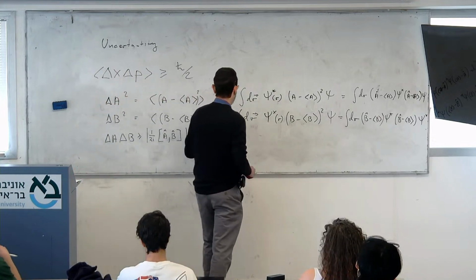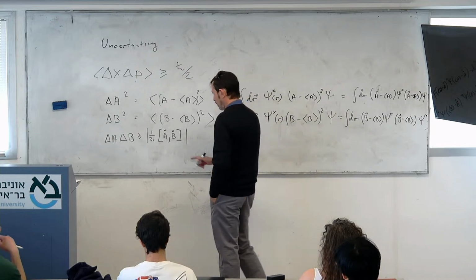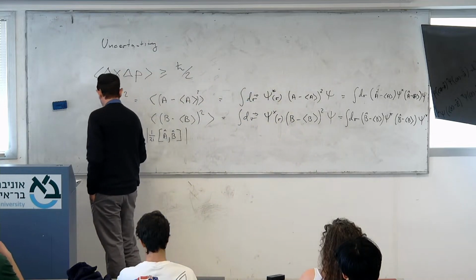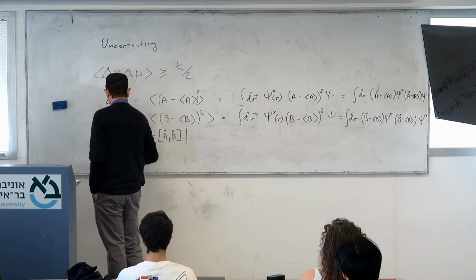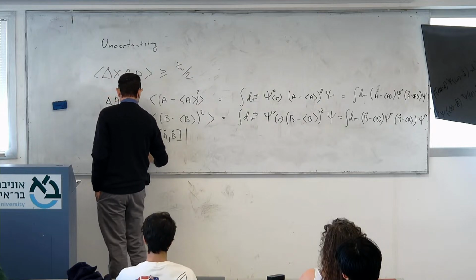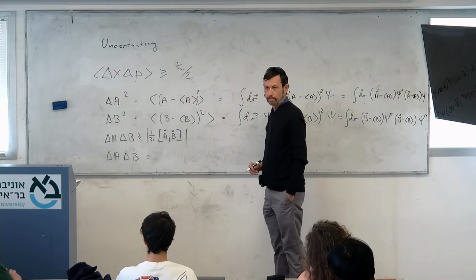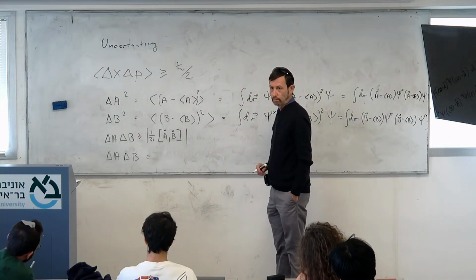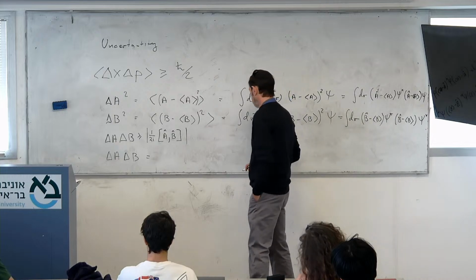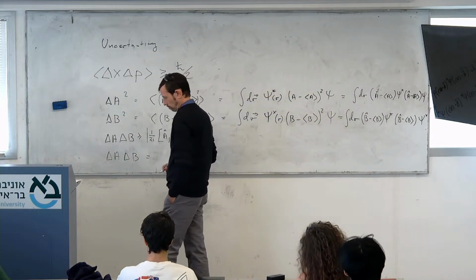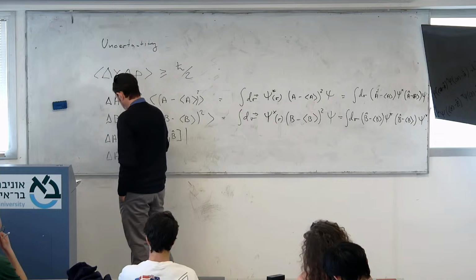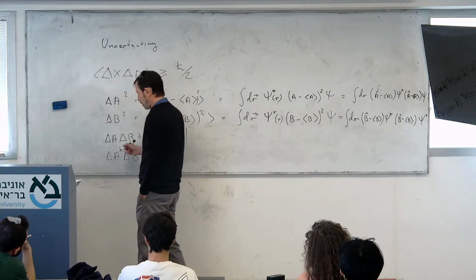So, what's delta A? We'll just copy what's written here. And to make life easy, we'll put square here.